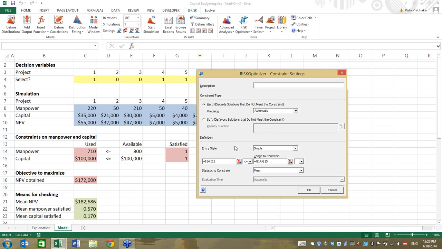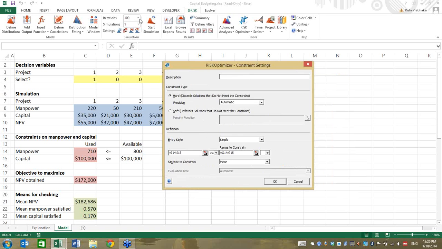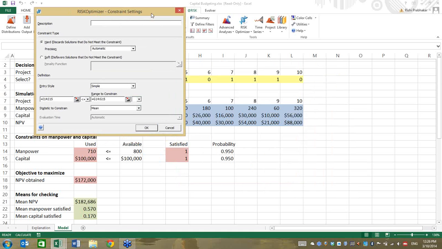We're going to take a fairly simple but quite elegant approach in this particular example, which is also an approach that would suit management in terms of understanding what's going on. I can simply say, with what probability would we like to have these constraints met?